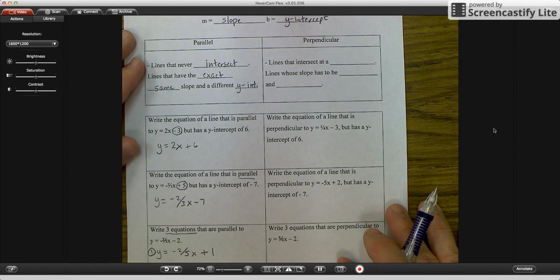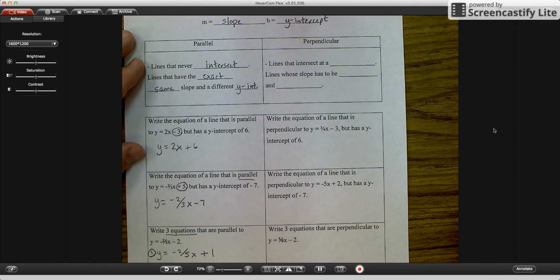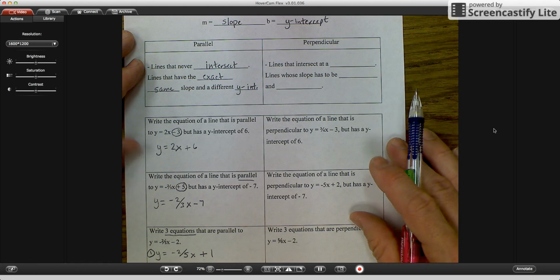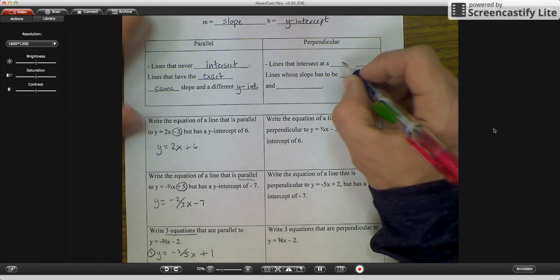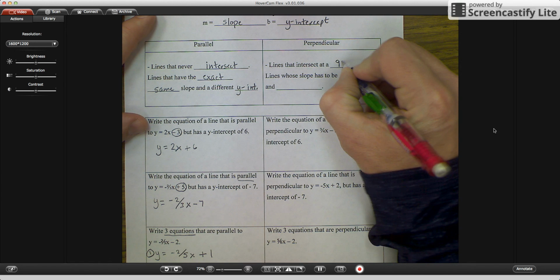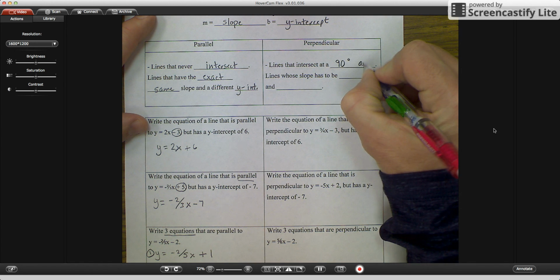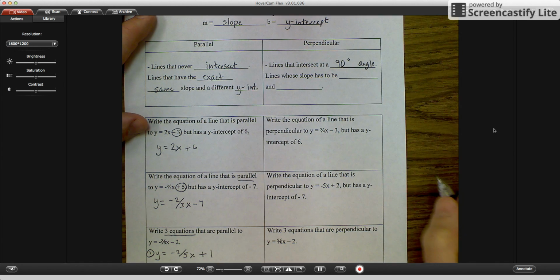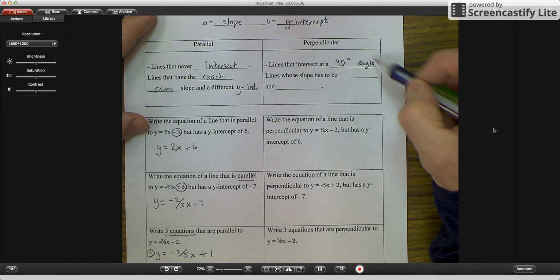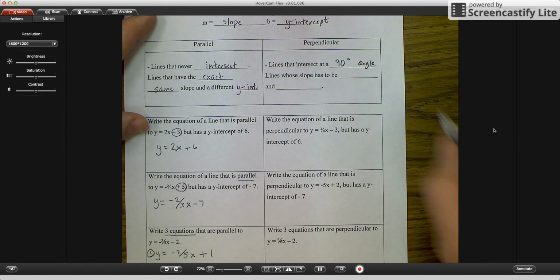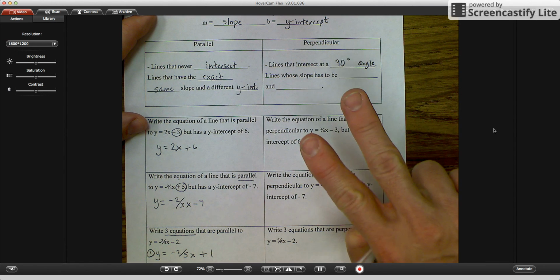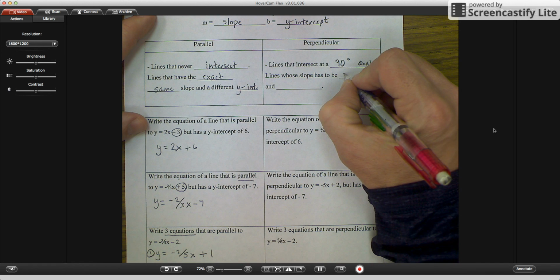Now let's look at perpendicular equations. Perpendicular and parallel often go together, okay? And perpendicular equations are lines that intersect at a 90-degree angle. And for those lines to intersect at a 90-degree angle, the line's slope has to be two things. The first one is opposite.